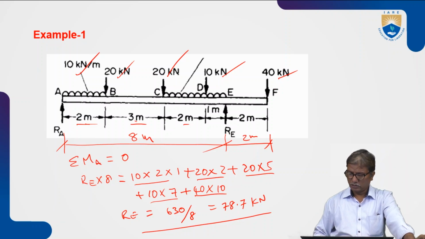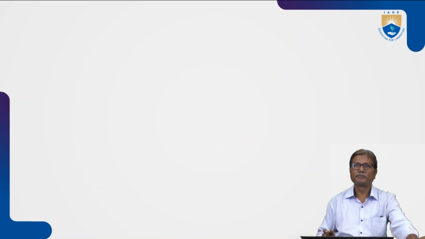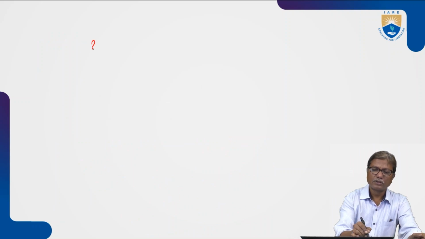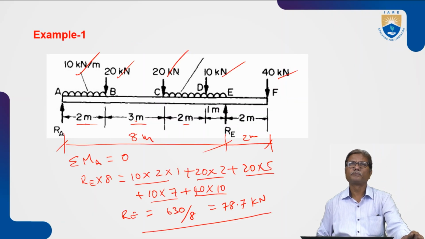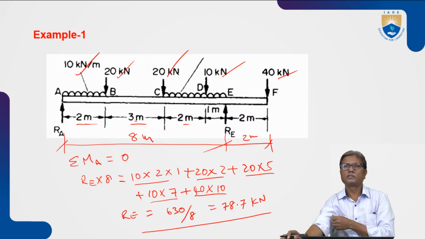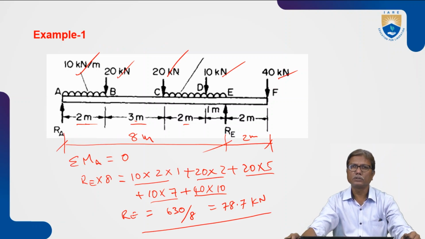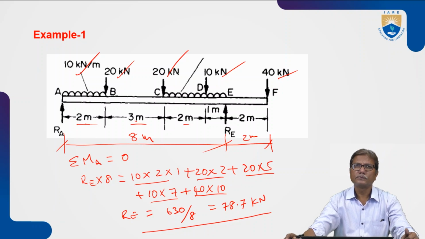Now, how will you get the reaction at A? We know the condition sigma Fy equal to 0 gives RA plus RE equal to the total downward load.